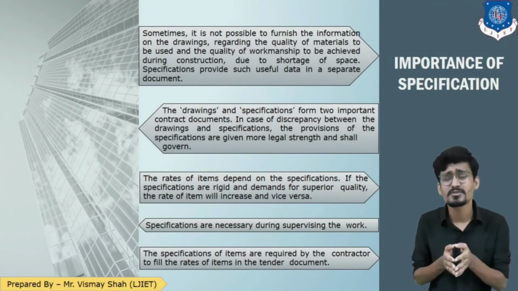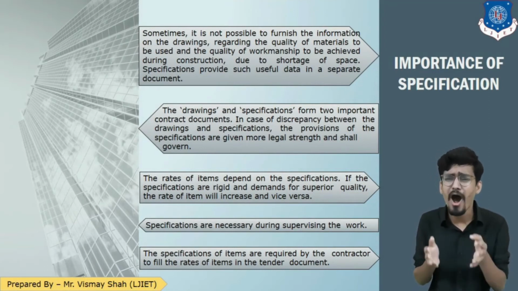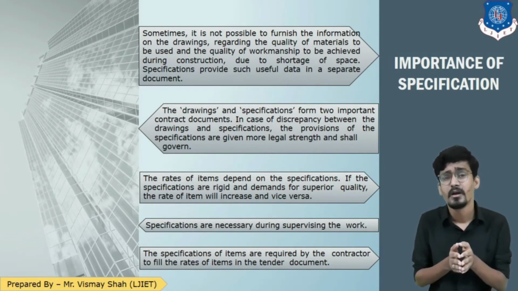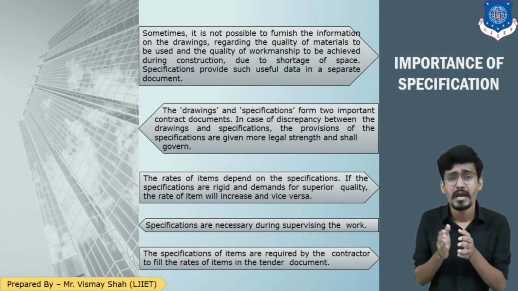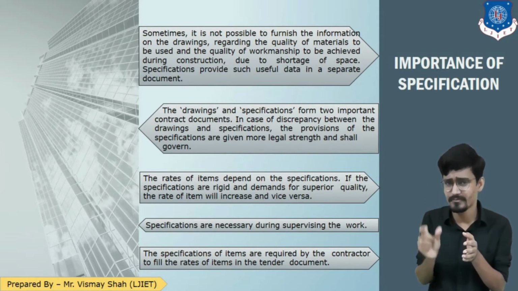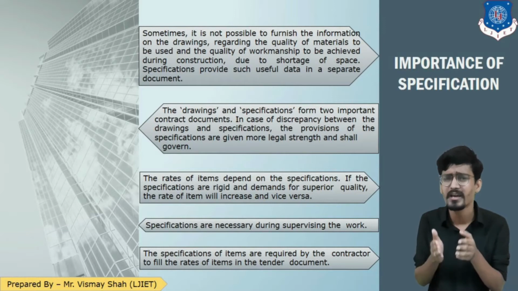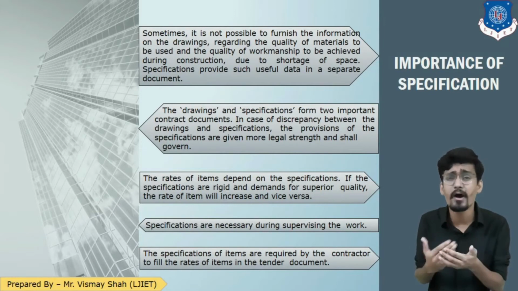Students, sometimes you cannot provide all the necessary information on the drawing itself. For example, in drawings there is a separate column at the side, at the other end of the drawing, with remarks, but those remarks can say about the grade of concrete.